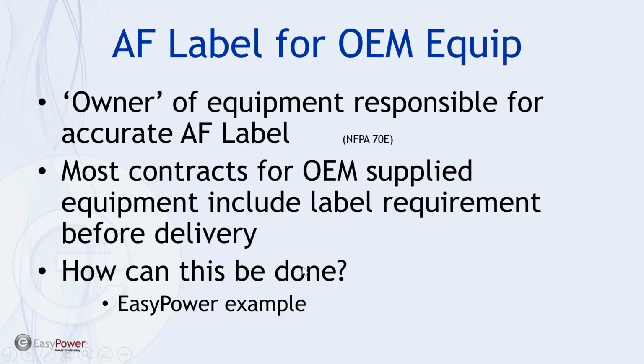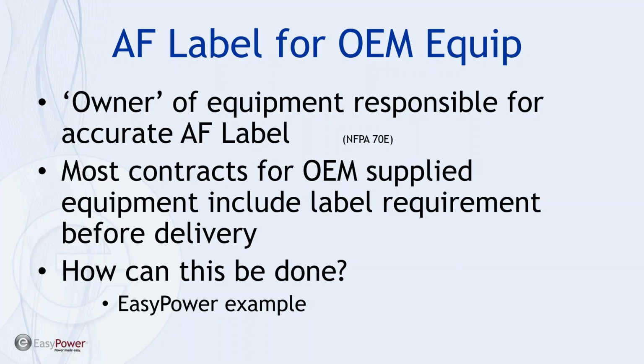Next point of order. How is it possible that an OEM manufacturer can produce an accurate arc flash label before they ship the equipment? Well, NFPA 70 says that the owner of the equipment is responsible for accurate arc flash labeling.